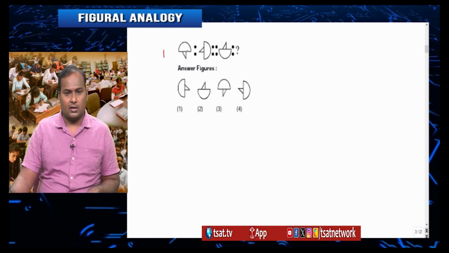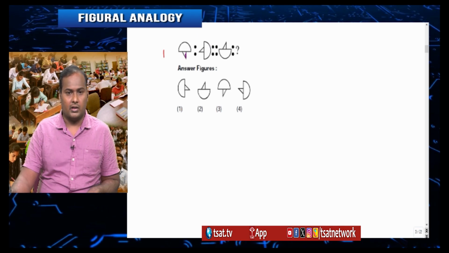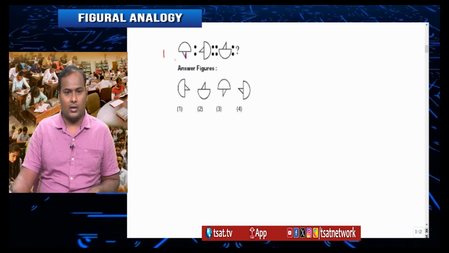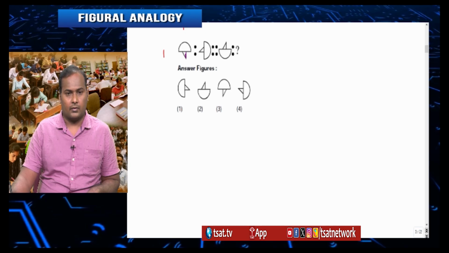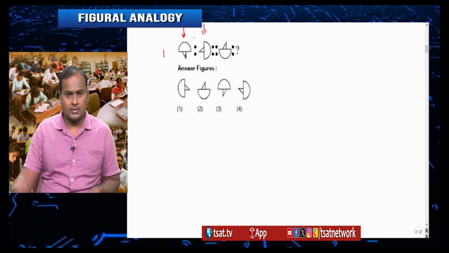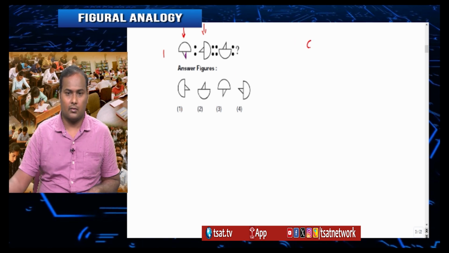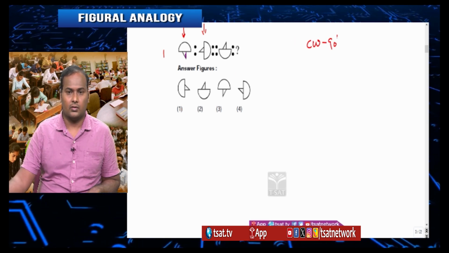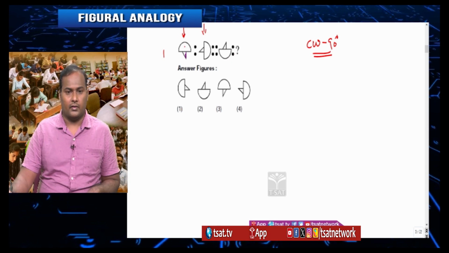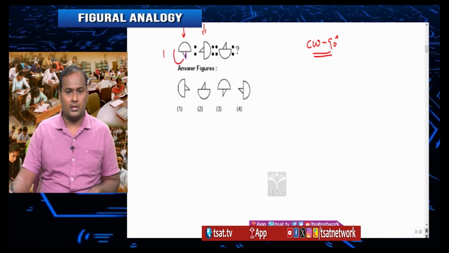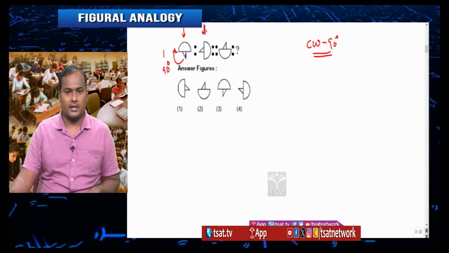You see here the center line is rotating. So how is it rotating? It is rotating in a clockwise direction. So what is the rotation? The relation from this figure to the next figure is, the first figure is rotating clockwise 90 degrees to get the second figure.